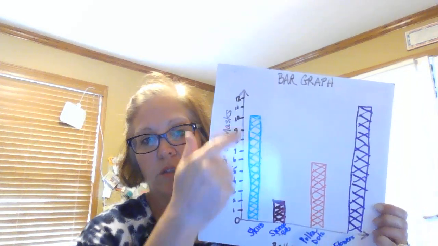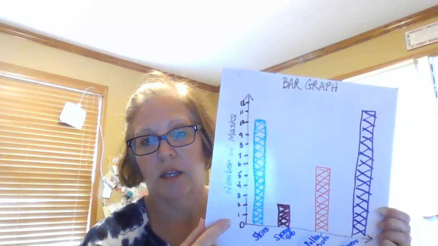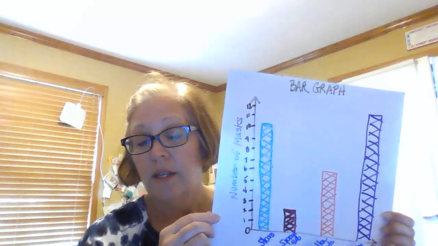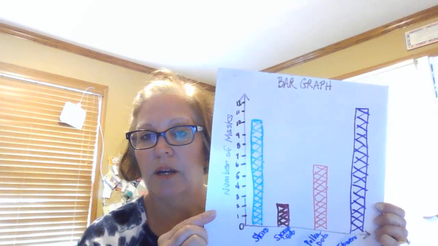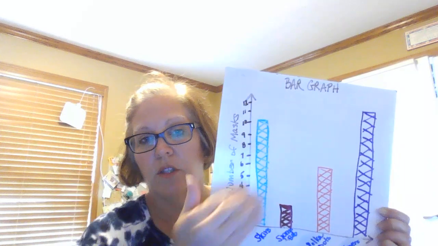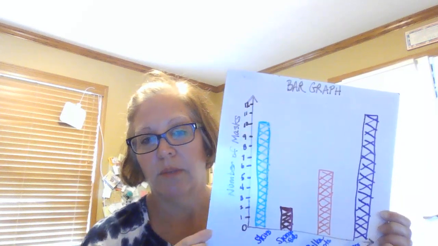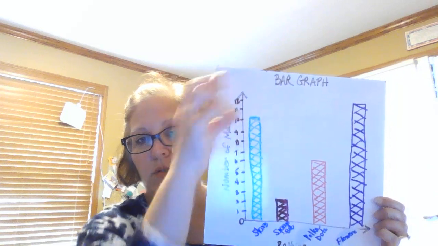Then you build your numbers going 1, 2, 3, 4, 5, 6, 7, 8, 9, 10, all the way up to 12. Now, some bar graphs you might skip numbers. If you've noticed that in your bar graphs in your math lesson, it might skip 5, 10, 15, 20. Then you just have to estimate where your number might fall in between those numbers.